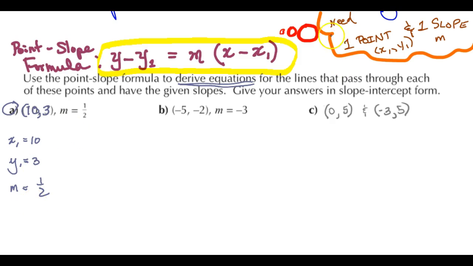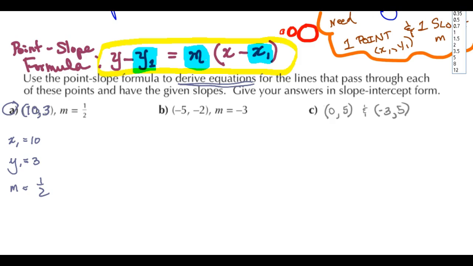Because when I go to plug in to this formula, check it out. These are the guys that need to be filled in with numbers: the y1, the m, and the x1. If it does not have a subscript on it, or if it's not an m, then it stays x or y. So let's plug in the values where I highlighted blue.